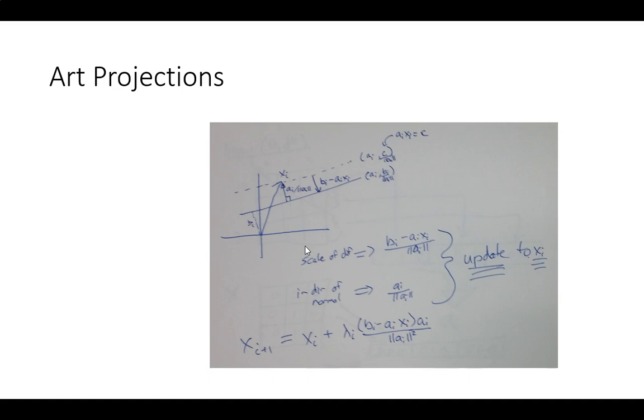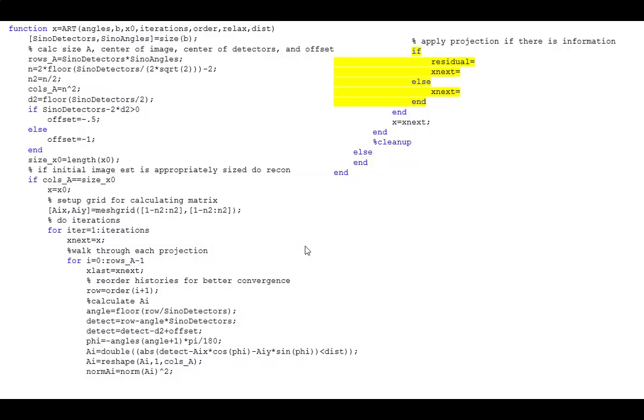So feel comfortable with that, because now I want you to write it. Make sure you have the information. If there's not, what do I want to do? Calculate the residuals, otherwise the expression just goes to the next line.